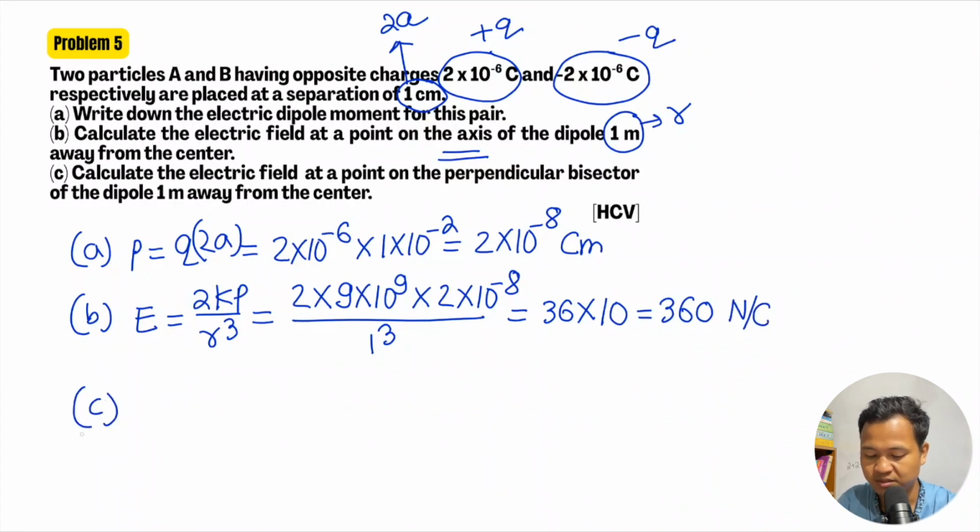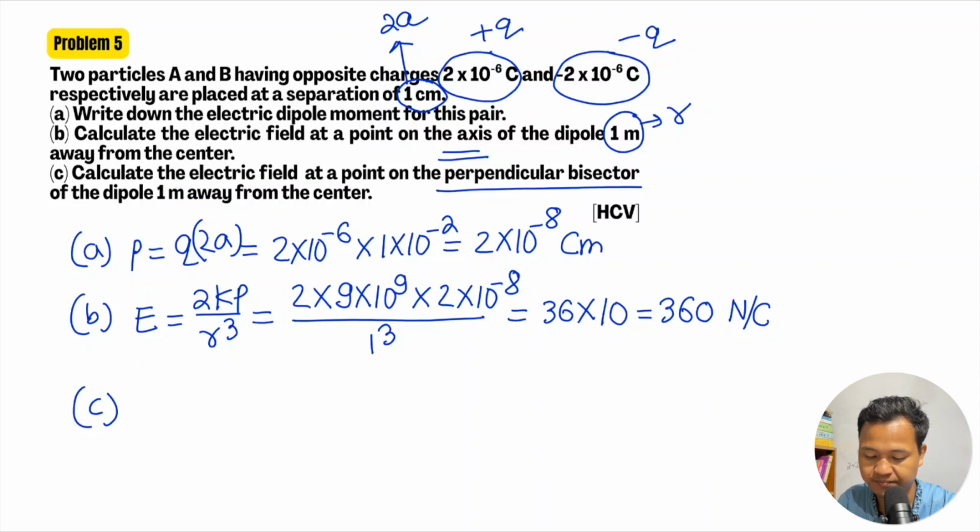Now the C part: calculate the electric field at a point on the perpendicular bisector, so this is an equatorial point. R is the same, 1 meter away from the center.